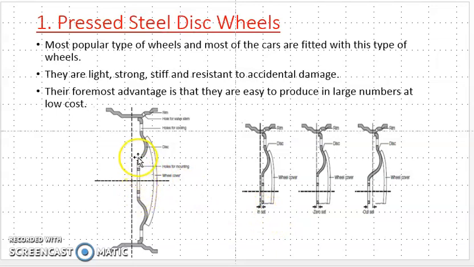When this disc line is exactly at the center line or half of the width of this wheel, then it is a zero set. And if this is crossing that symmetrical line, then it is called an outset line.